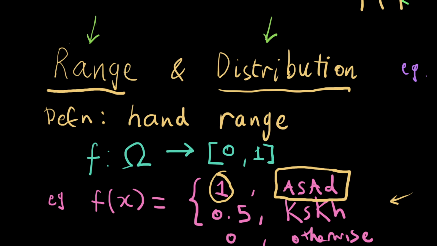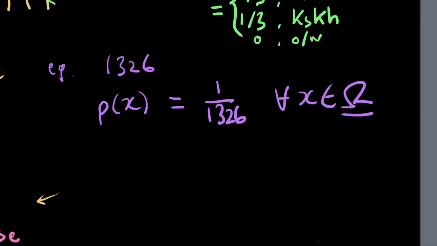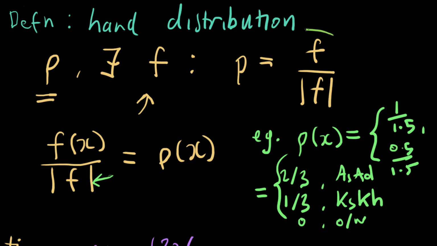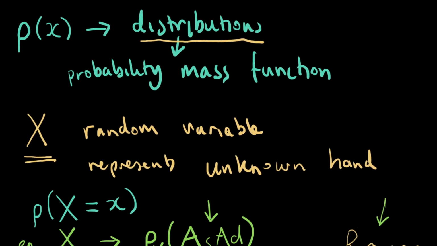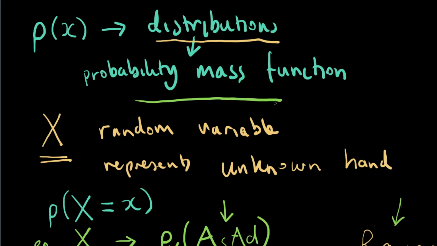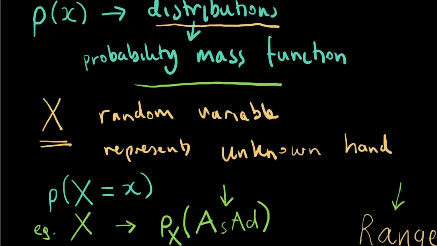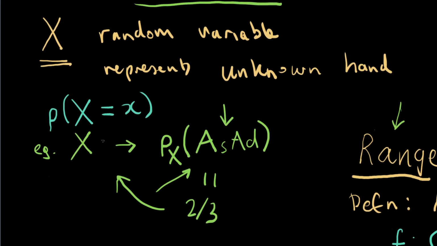It's basically a list of all possible starting hands with a number attached to it, which tells us how often that particular hand is in this particular hand range. And then the distribution basically just takes that hand range and divides it by the total number of combos. Because we've done that, we spit out a probability mass function which can be used to represent a hand in probabilistic math.